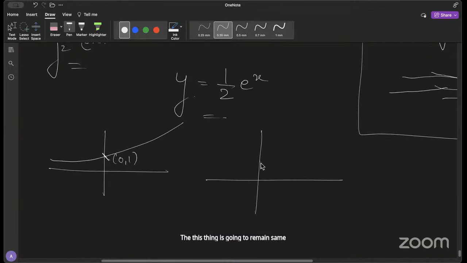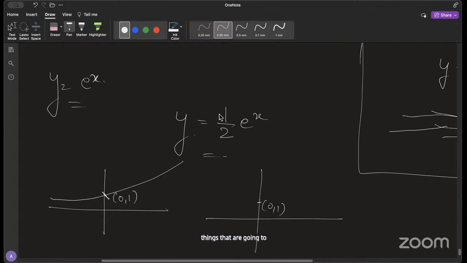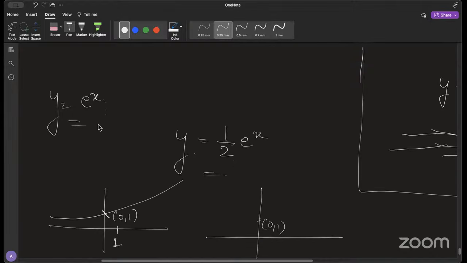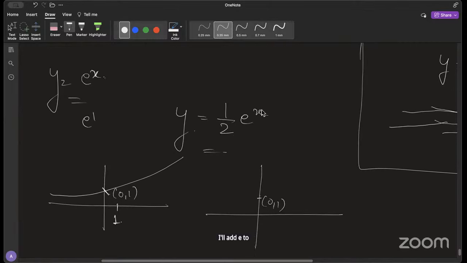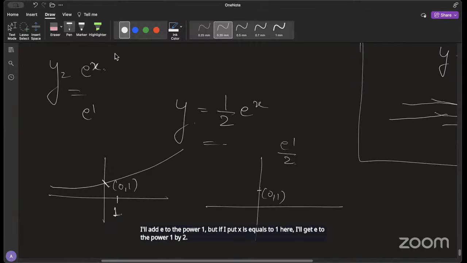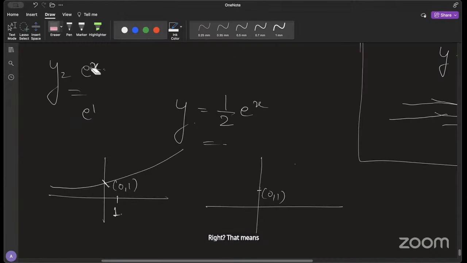This still intersects the y-axis at 0, 1. The thing that is going to change is, see, if I put x is equal to 1 here, I'll have e to the power 1. But if I put x is equal to 1 here, I'll get e to the power 1 by 2. That means I get a smaller number, right? That means here my height is increasing more than it is increasing on this side.